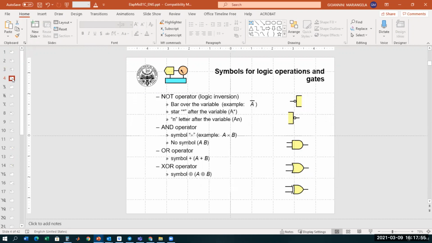Generic combinational logic functions, as you know, are combinations of simple logic operations. The logic operators are the NOT, and we know we can realize the NOT function using the totem pole configuration of the NMOS and PMOS, the AND, the OR, and the XOR operation.